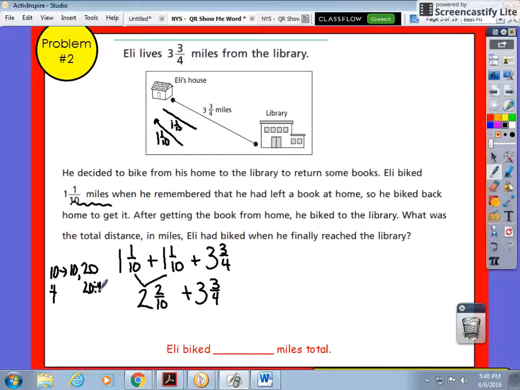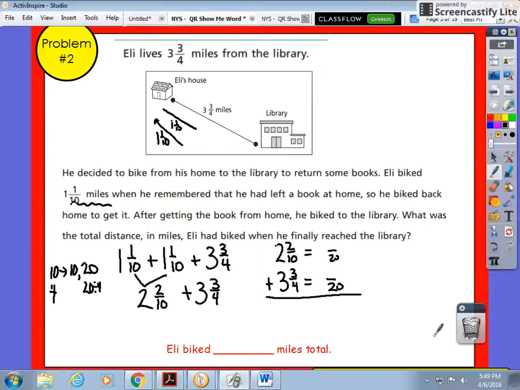So I'm going to take my 2 2/10 and I need to add 3 3/4. And I know now that my common denominator is 20. So let me start by finding my equivalent fractions with a common denominator of 20.